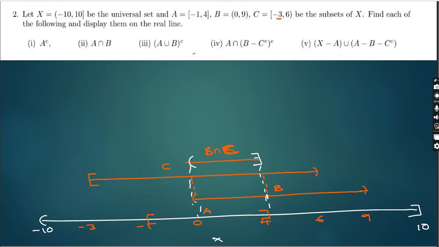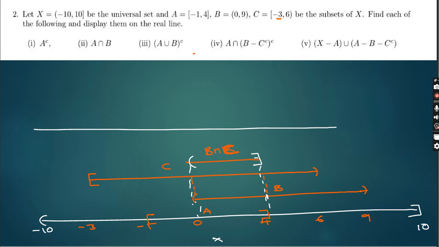Now understand this, guys. Let me redraw our universal set. This is our universal set, our set X here, and we have set A running from -1 up to where our 4 is.